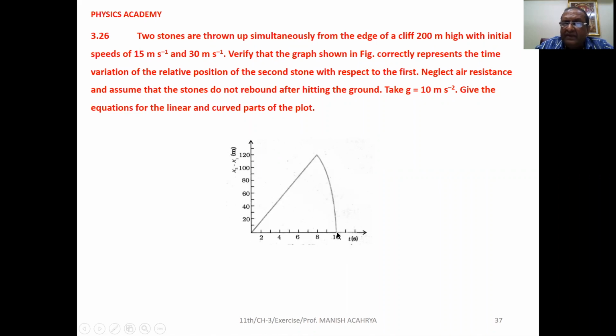At 10 seconds, the position x2 minus x1 comes to 0. So we have to justify this particular graph and give the equations for the linear and curved part of the graph. Clear the question?